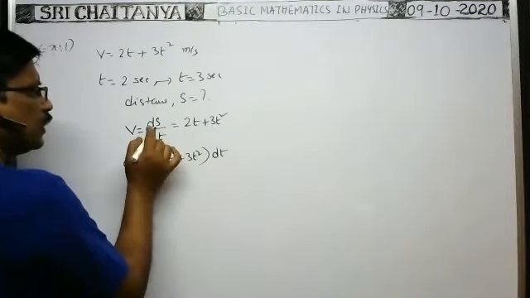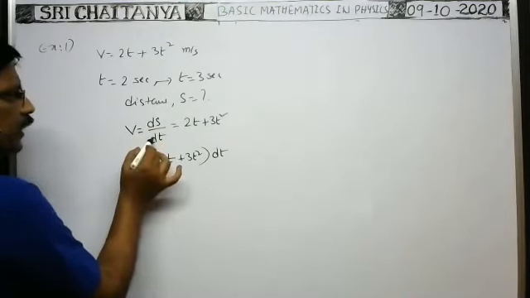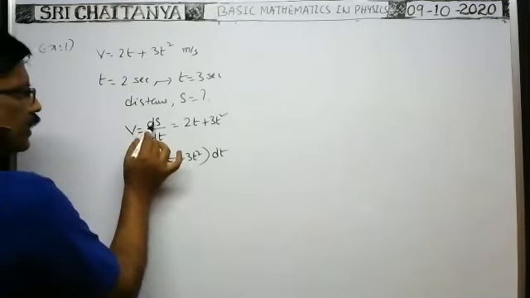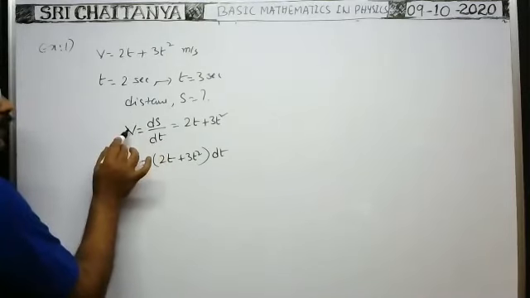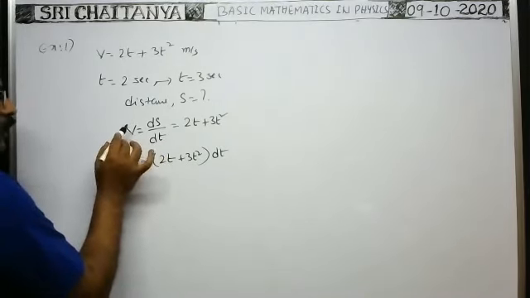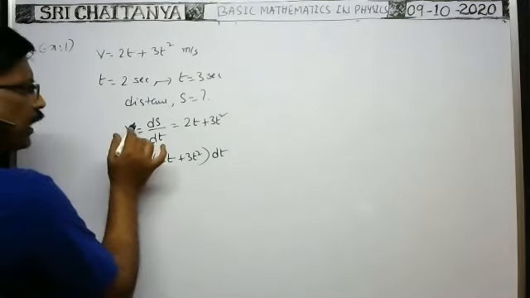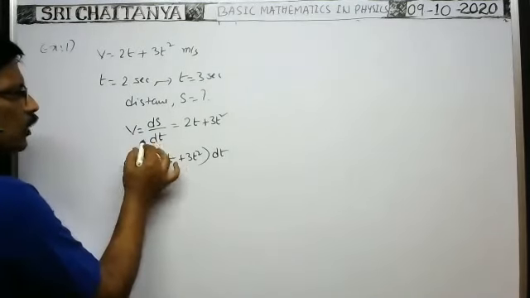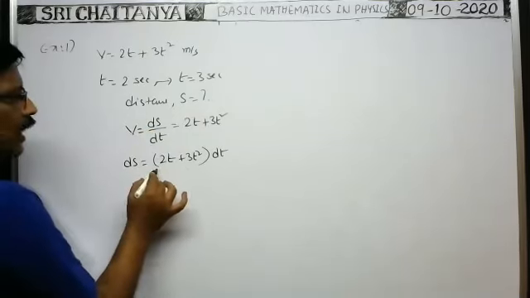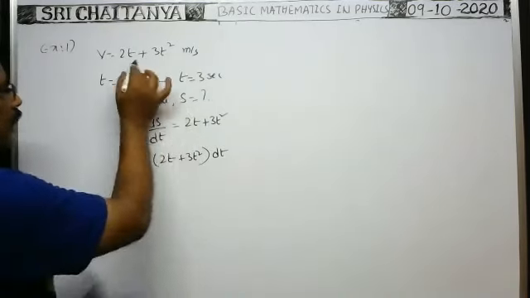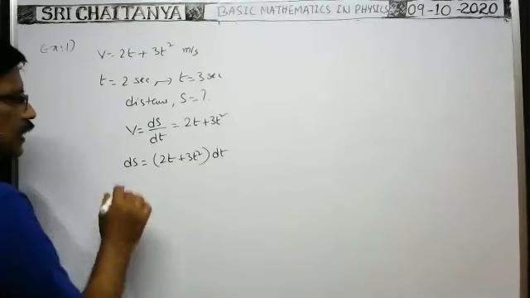That's why ds is equal to v into dt. That velocity can be imagined to be constant for the small interval of time. That's why constant velocity into time gives distance traveled.